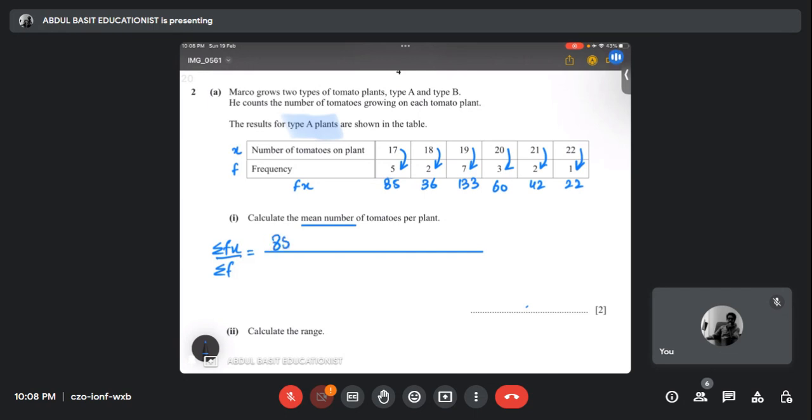Now it's summation fx, so we'll add all of them: 85 plus 36 plus 133 plus 60 plus 42 plus 22.